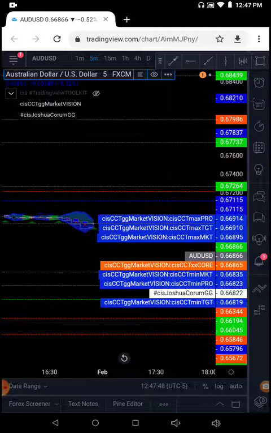What I'm showing on my chart so far is a range from 65.67 all the way up to 68.45 on a 5 minute chart. You can see where we're at.